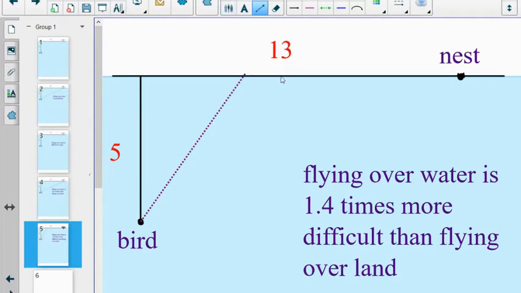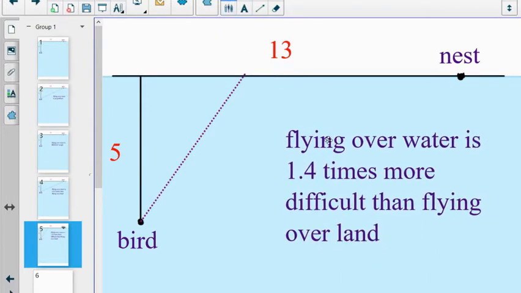So I'm going to stay on this slide because I've got the diagram, but I'm going to start labeling some things on the diagram. Now, first of all, this distance is significant. The distance that the bird flies over water, the distance that it flies over land. Those are both pretty significant quantities.